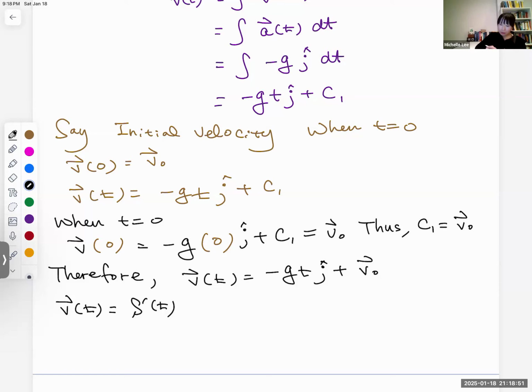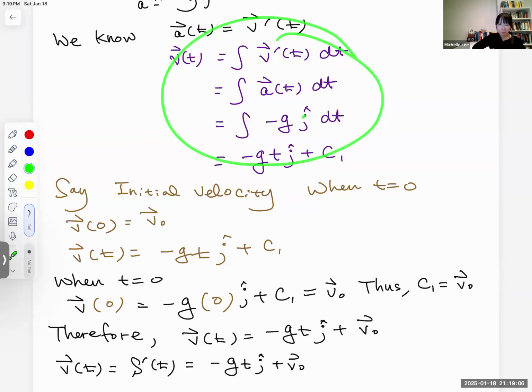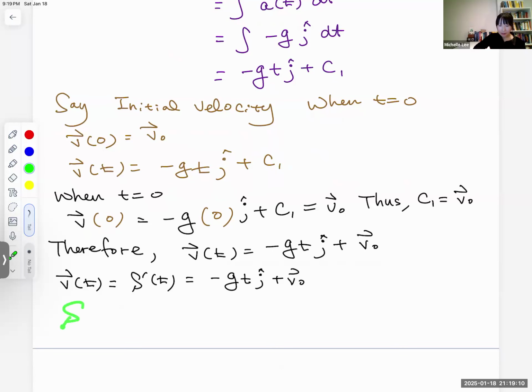Okay, now let me just rewrite negative g t j plus v naught. Okay, same process like this. How do we get the s?